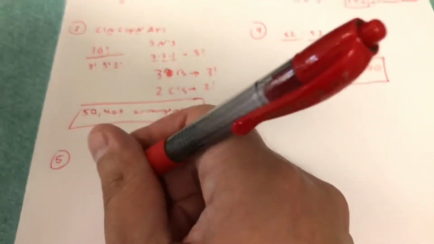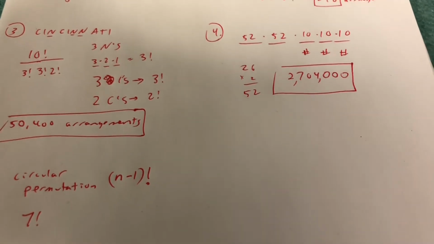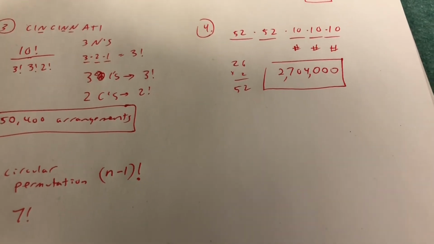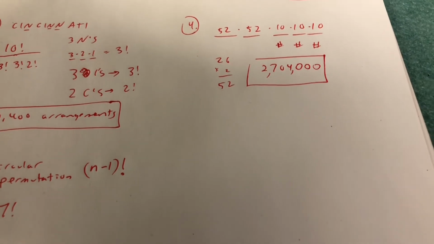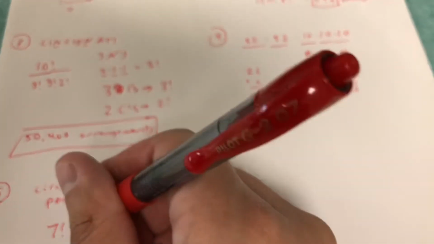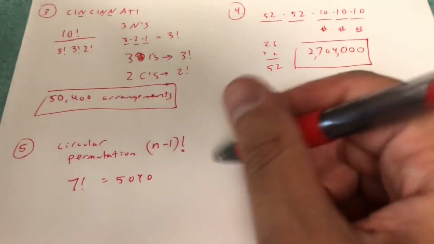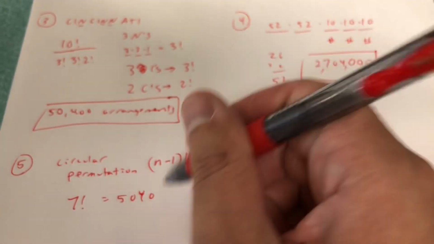So if it's 8 people around the table, it's 7 factorial. 7 factorial is equal to 5,040. So there are 5,040 different orders.